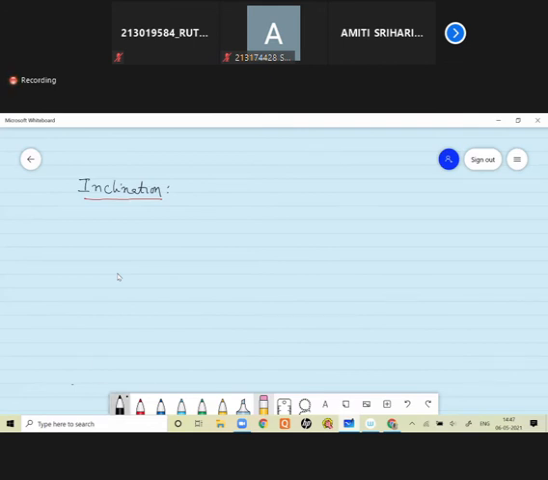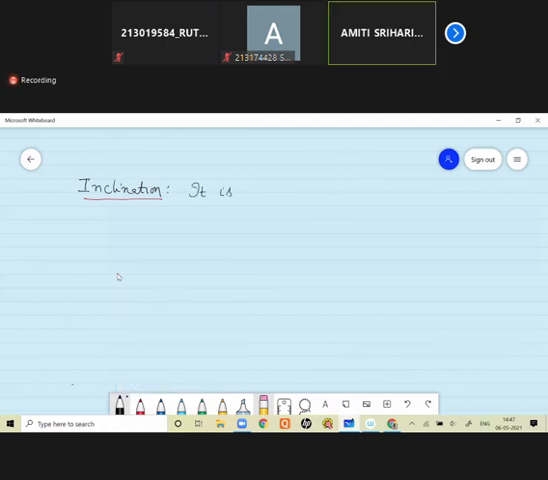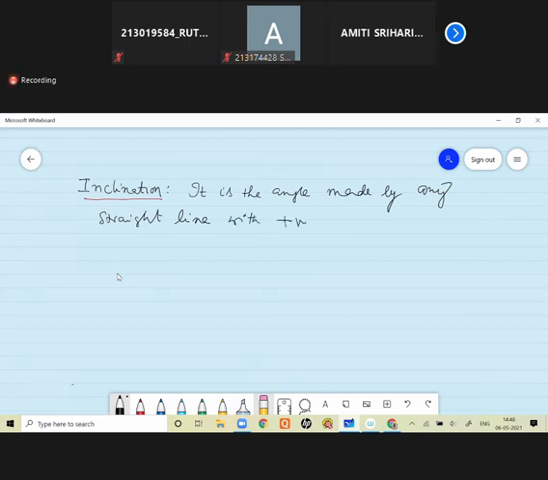Inclination. It is the angle made by any straight line with the positive x-axis, in the anti-clockwise direction.